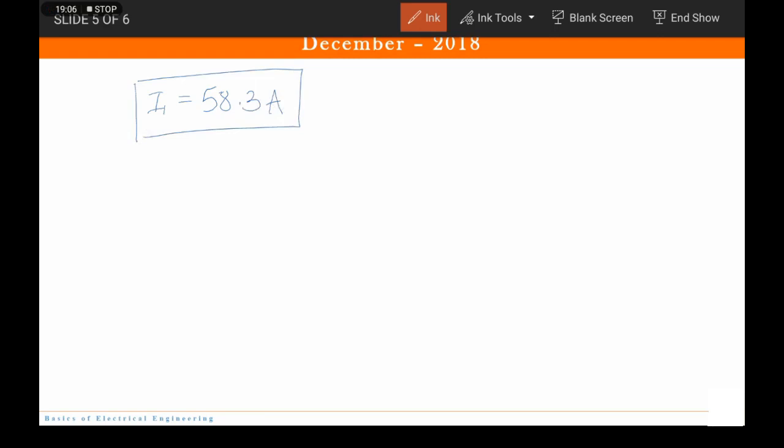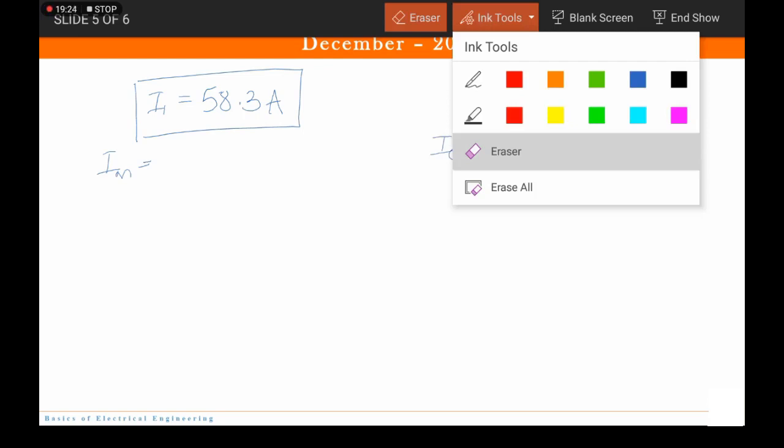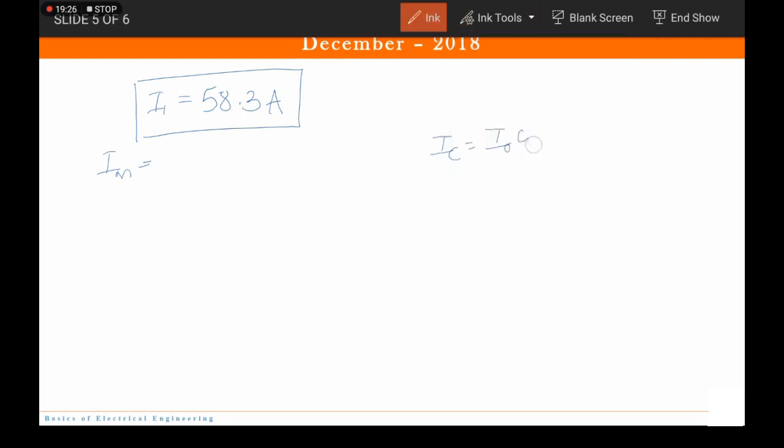So how will I find the magnetizing component and the core loss component? It is I0 sin phi 0 and I0 cos phi 0. How much is I0?